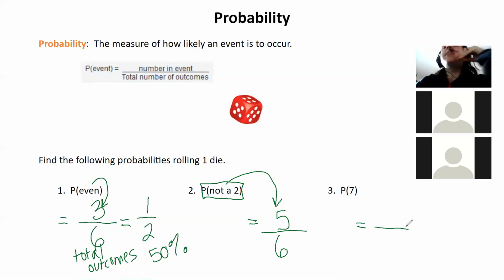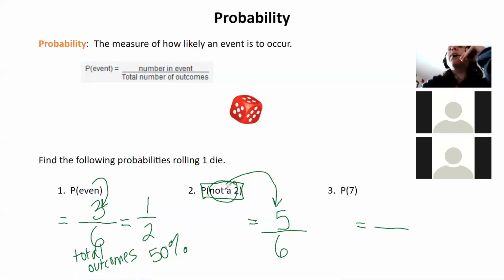Probability of a 7. Okay, yeah, no, let's go back and ask questions. What part is confusing? We're kind of going a little speedy there. Whenever you think of these fractions, your numerator is always what you're looking for, which is what's in the parentheses.